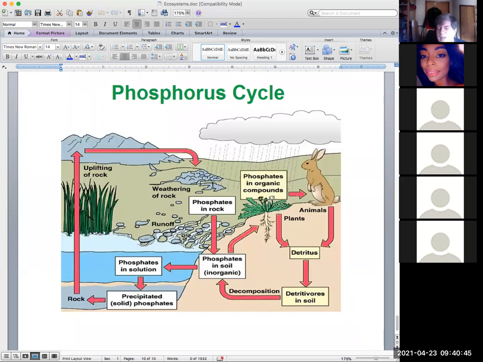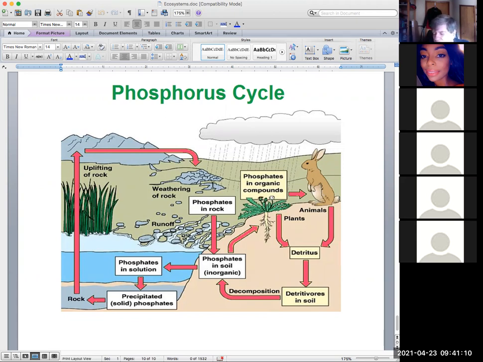When we look at phosphorus out in nature, what we see is that phosphorus is typically found as what's called a polyatomic ion, a phosphate group. And a phosphate group has the chemical formula PO4, and it has a charge of -3. It's ionic.